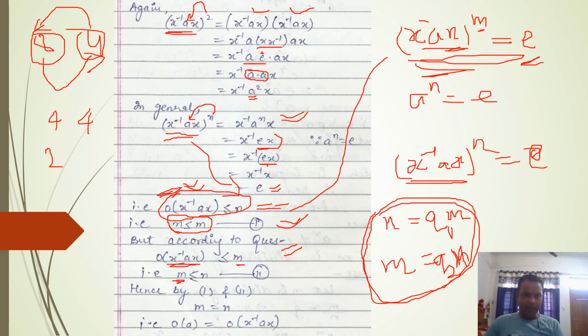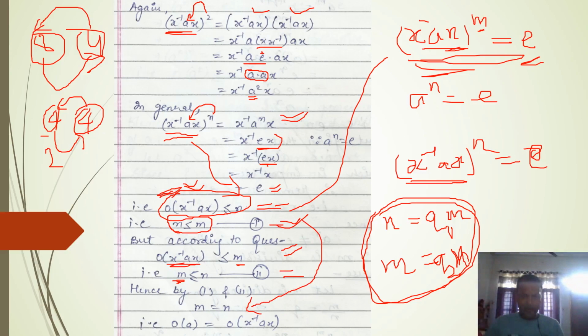So both equations can be true only when m and n are equal. That is, the orders of the element A and x inverse A x are both equal.